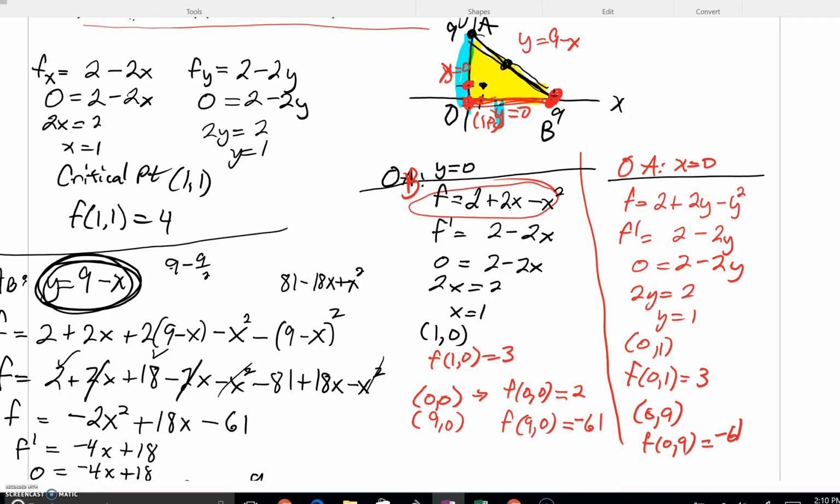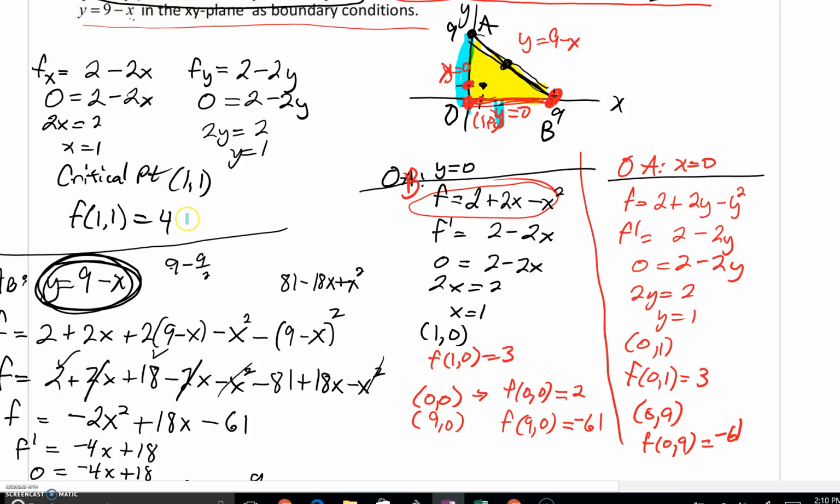That's really cool, we don't even have to go about searching for any further endpoints. Those endpoints were taken care of in our previous boundaries. So let's revisit all of these endpoints and critical points that we have been addressing.